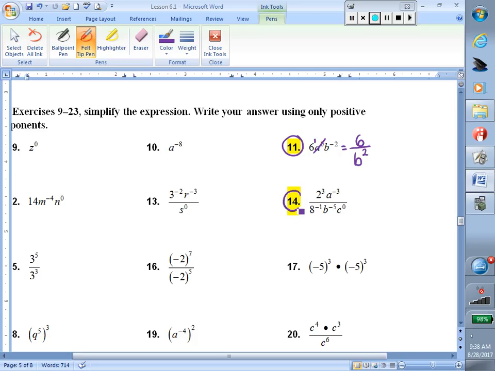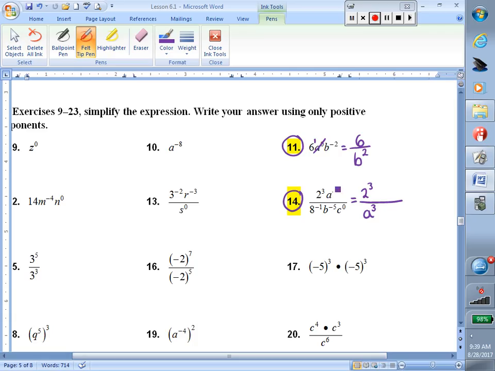One more example, then I want to make sure you have a little time for your progress check and to ask some questions. Let's look at number 14. I'm going to start in the numerator. I have 2 to the +3rd power, so that's going to stay in the numerator. A to the -3rd power is negative in the numerator, so I'm going to move it to the denominator to make it positive.